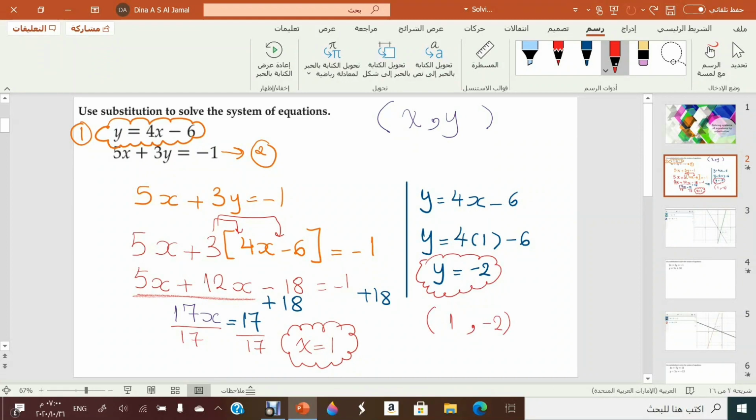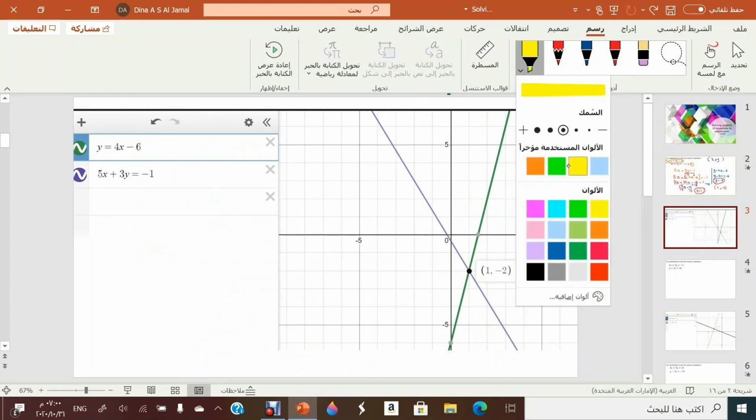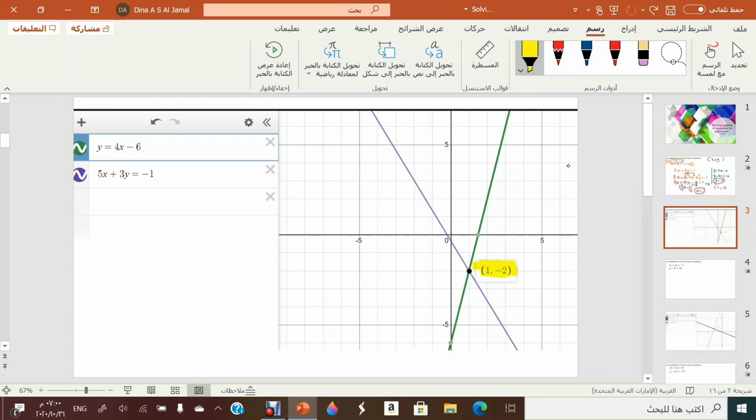So let's check this by graphing this system of equations. These two lines intersect in one point, and this one point is the solution for you. If I would like to describe them, it is exactly one solution.